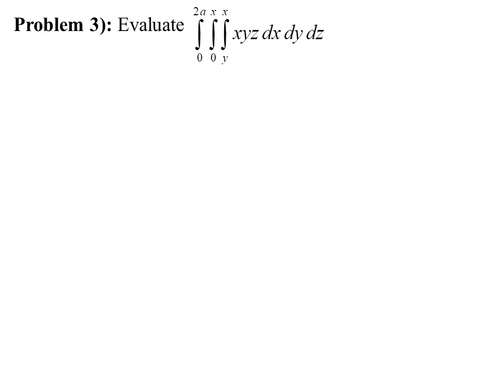Okay students, we will go for the further problem now. Problem number 3. Evaluate integration 0 to 2a, integration 0 to x, integration y to x, xyz dx dy dz. Now for this particular problem, it's very easy to identify the order of the integration.